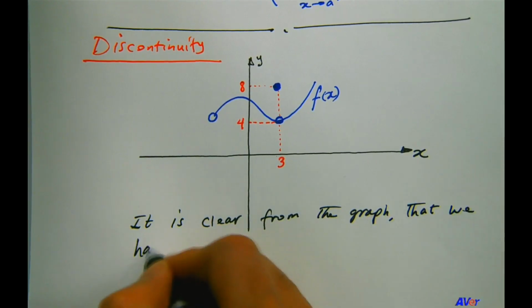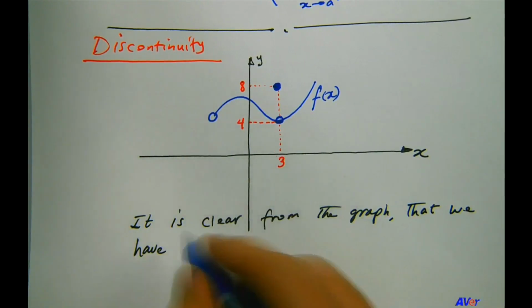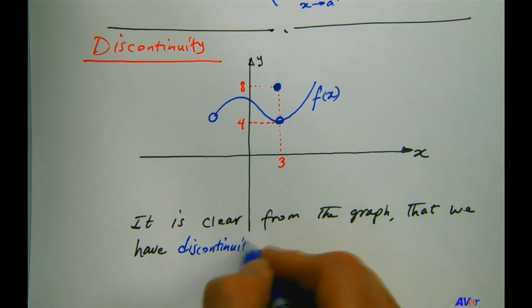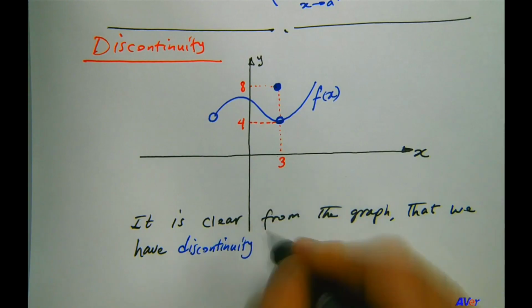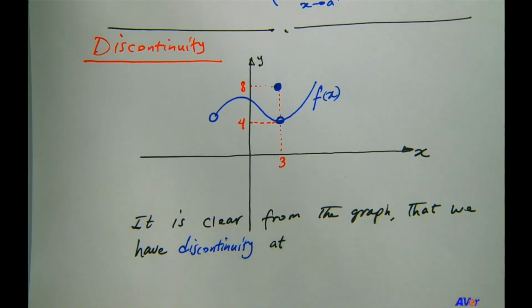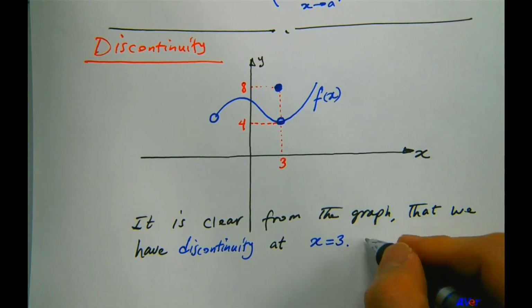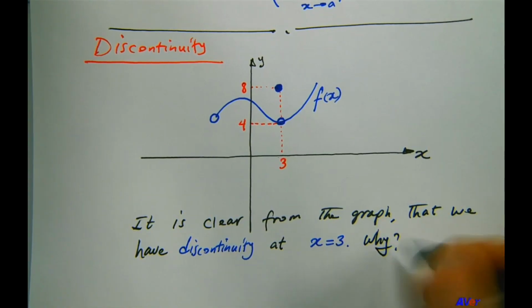So let's write that down: we have discontinuity at x equals 3. And then we ask, why is that?